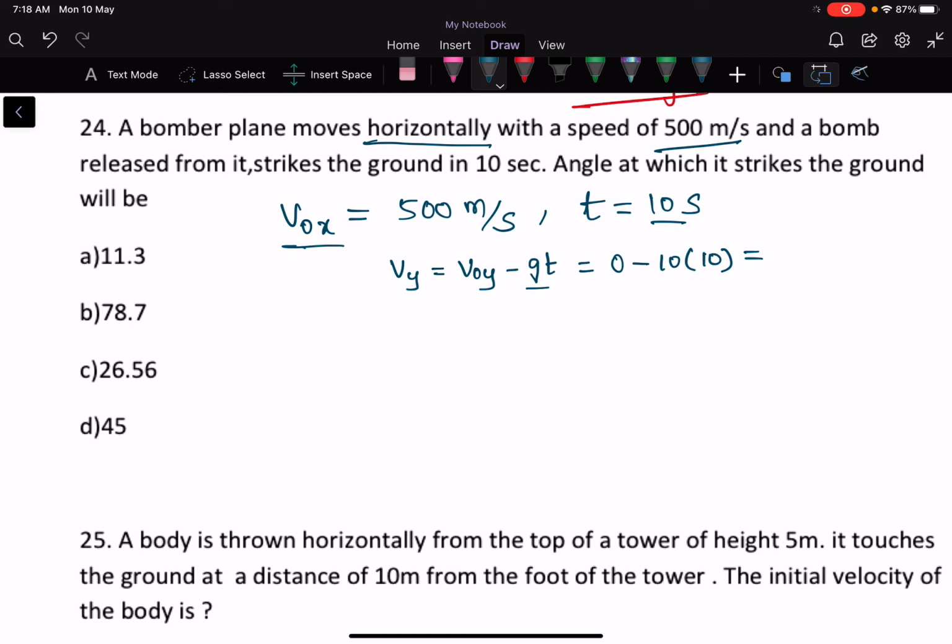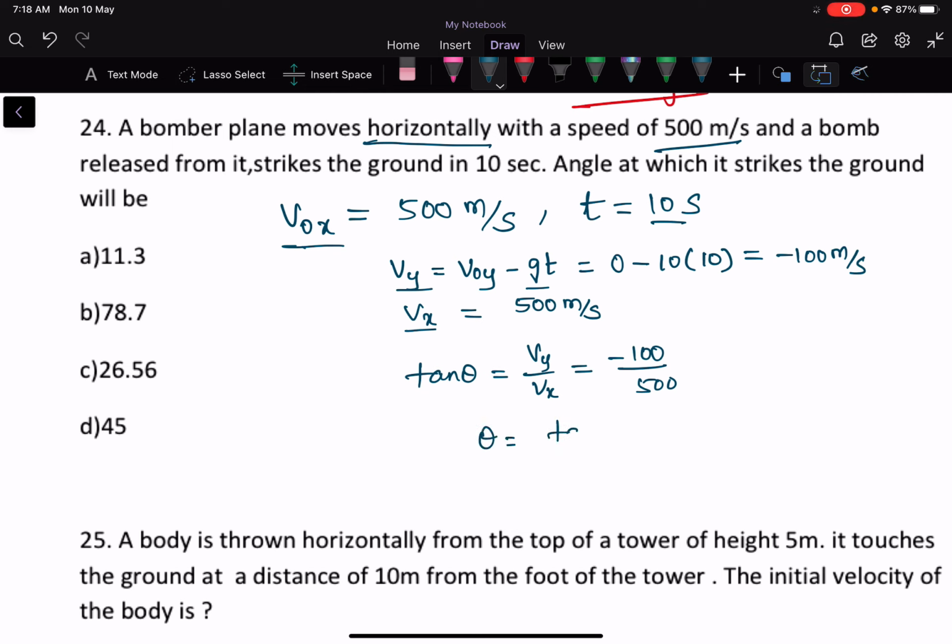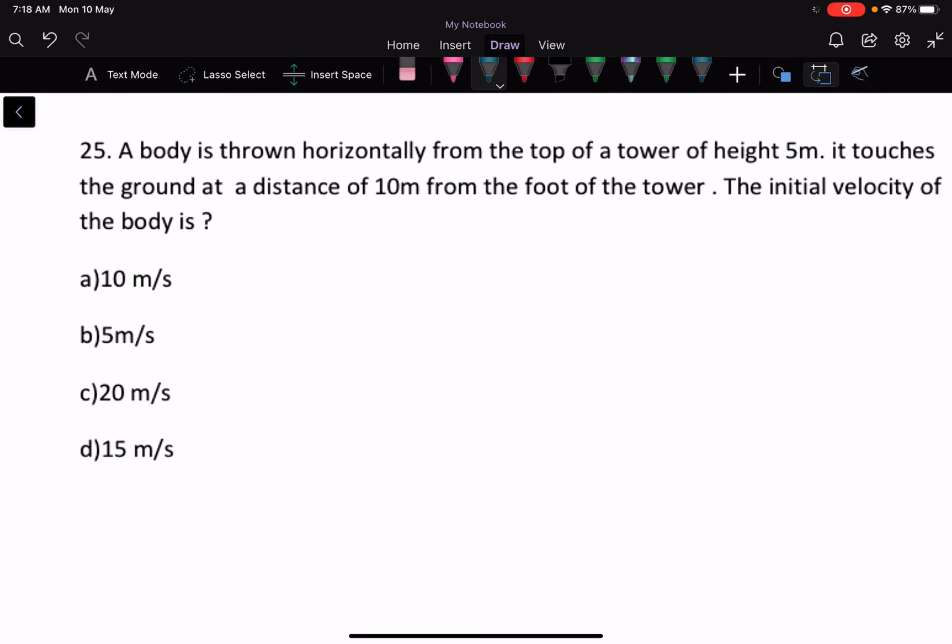So vy is equal to minus 100 meters per second, and vx is equal to 500 meters per second. So we know vx and vy values. So tan theta equals y component by x component, vy by vx, that is minus 100 divided by 500. So solve for theta. Theta is equal to tan inverse of 100 divided by 500. You will get the answer by solving this.